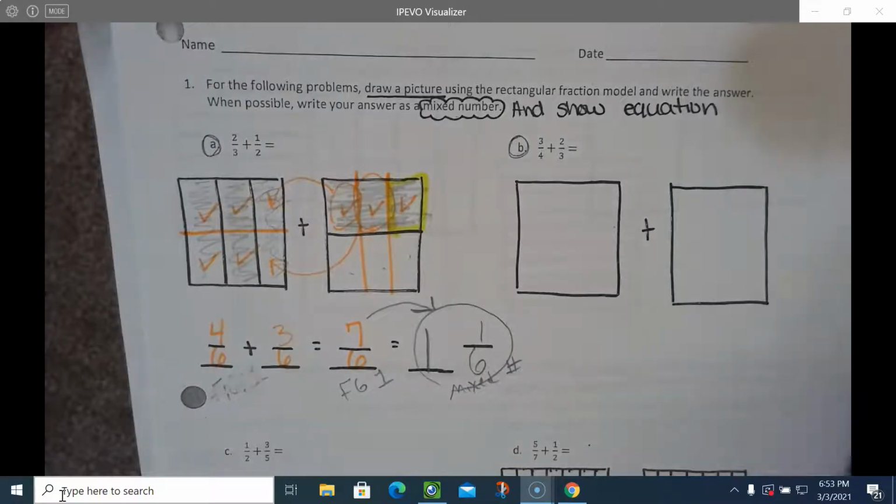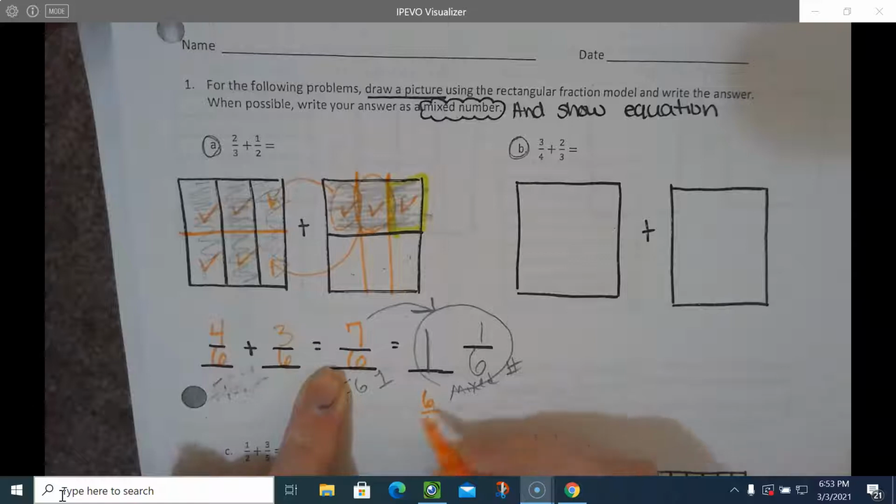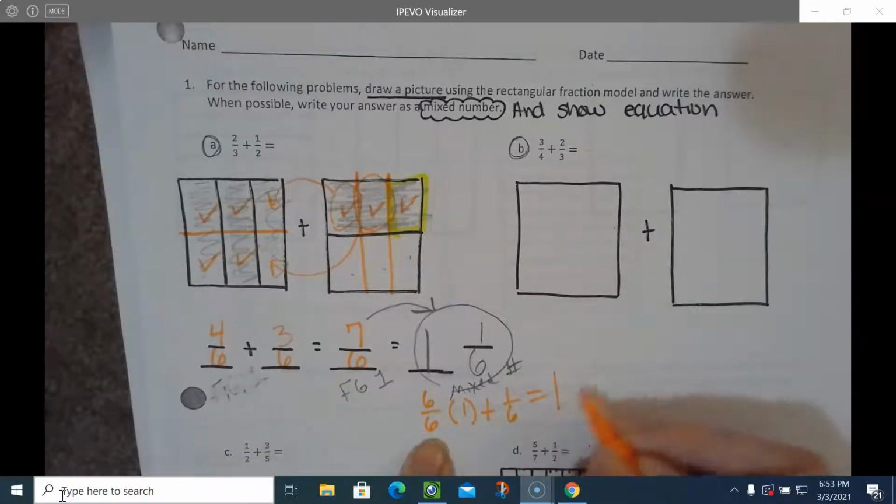You can also think about this as, if I'm making 1, I would need 6 out of 6 to equal 1, plus 1 out of 6 to equal that 7. So all together, if I were to add these, it would be 1 and 1/6. So either way would be okay.